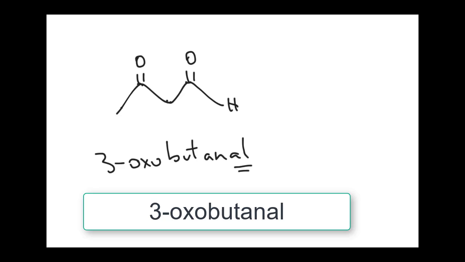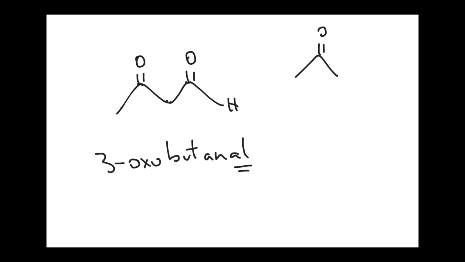We don't have to indicate a number because an aldehyde can only exist essentially at the end of a group because it needs this free hydrogen. So typically if it is the highest priority, then we don't have to indicate what carbon it comes from. It's indicated it's on the number 1 carbon. But if you want to be safe, you could put it in there.